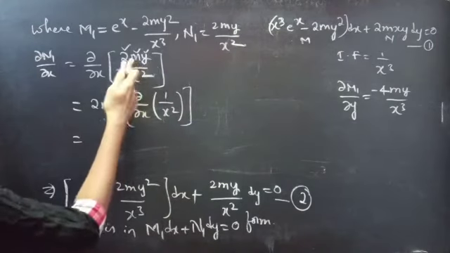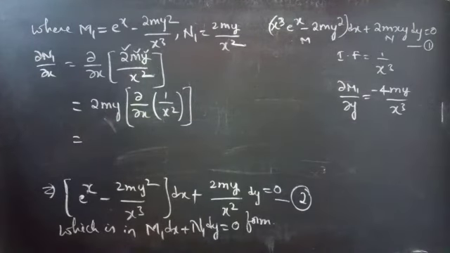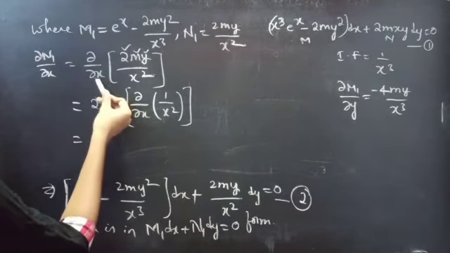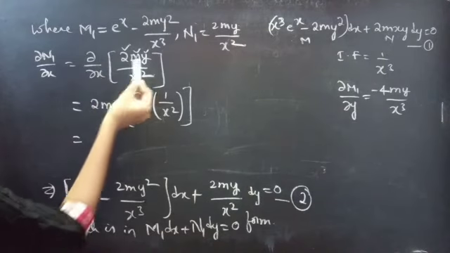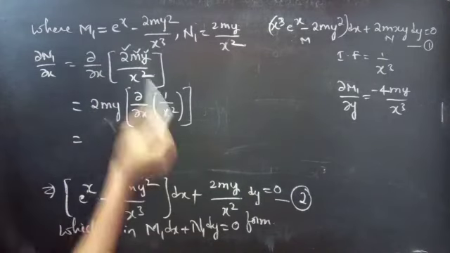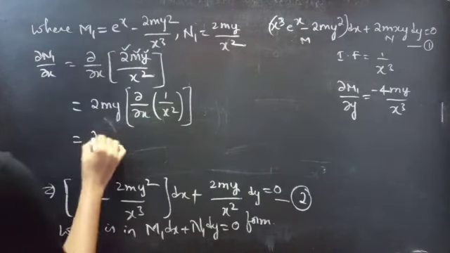Here y is a variable, m is a constant, 2 is a constant, so we treat y as constant.